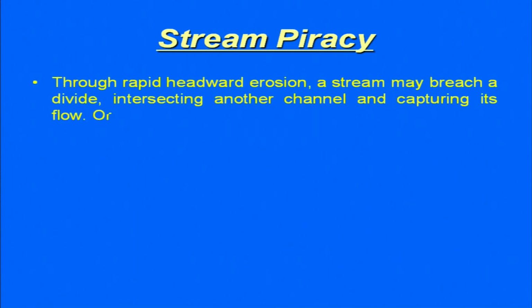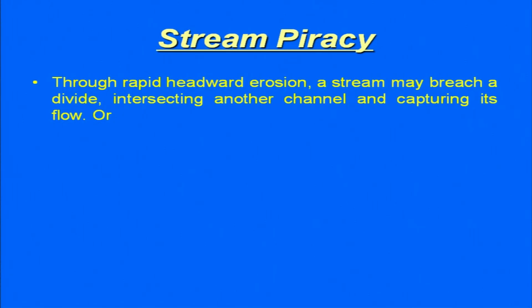Now, stream piracy is nothing but the capturing of the river system or the basin. It can happen through headward erosion, because mostly the extension of the drainage basin is because of headward erosion.